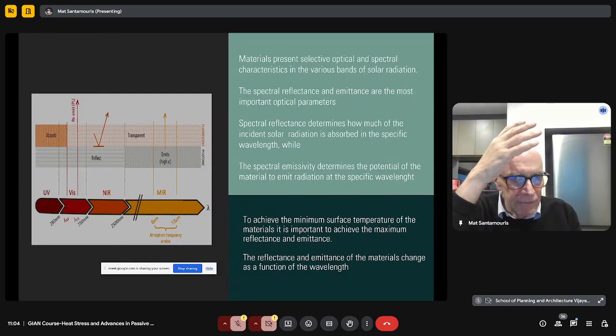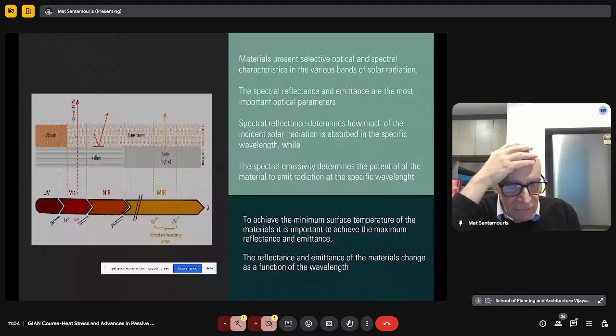We have the UV radiation, which is up to 280 nanometers. Then we have the so-called visible radiation between 280 and 750. This is the part of solar radiation that the human eye can observe. The human eye cannot perceive the other bands of solar radiation.